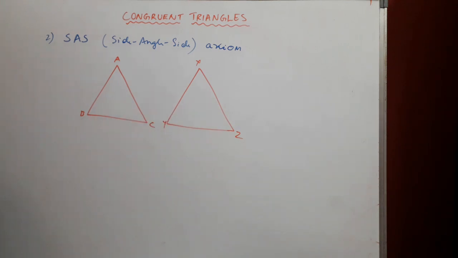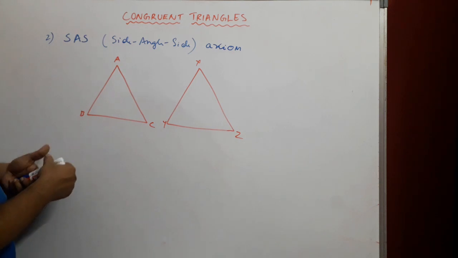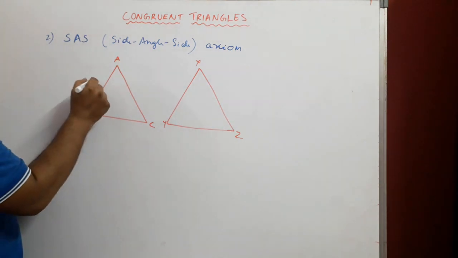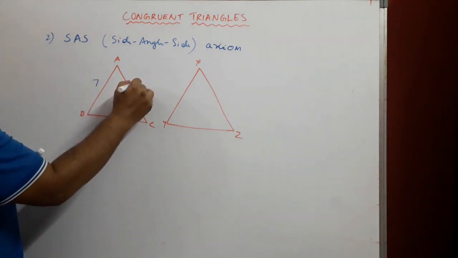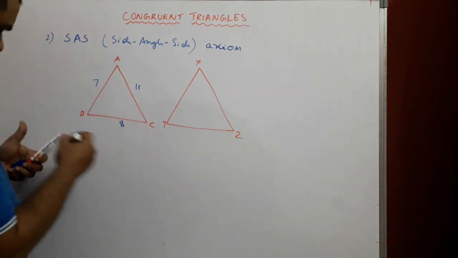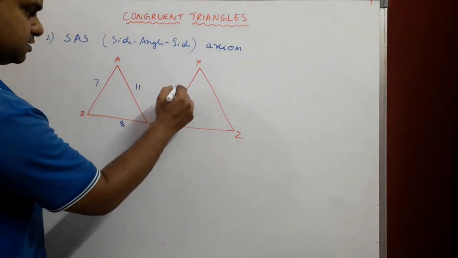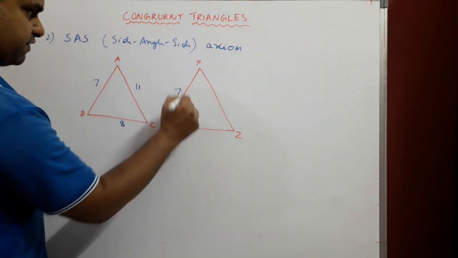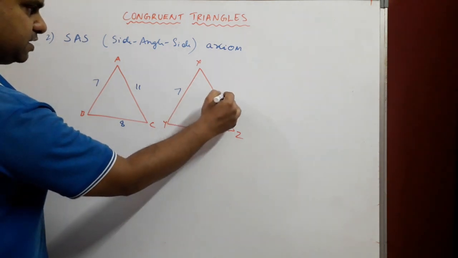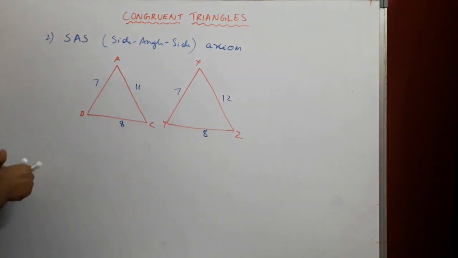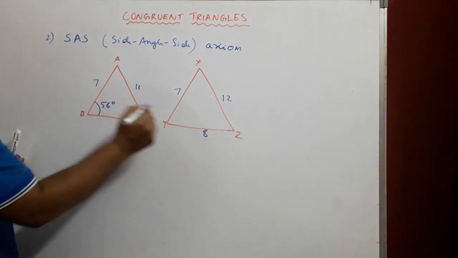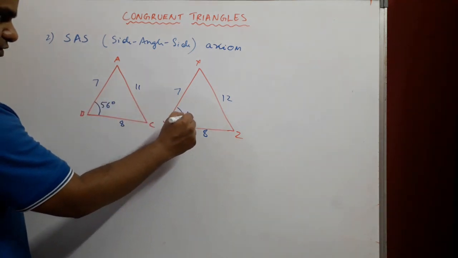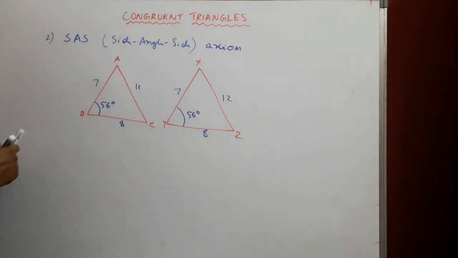For example, over here, let's say this is 7, 8 and 11, and this is 7, 8 and 12, but the angle over here is 56 degrees and this is also 56 degrees.